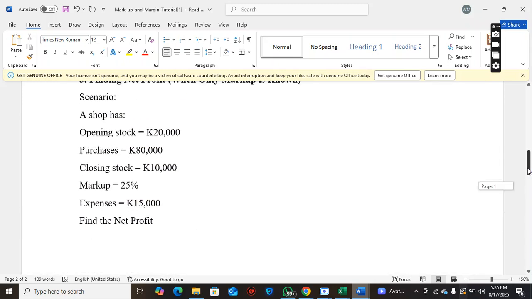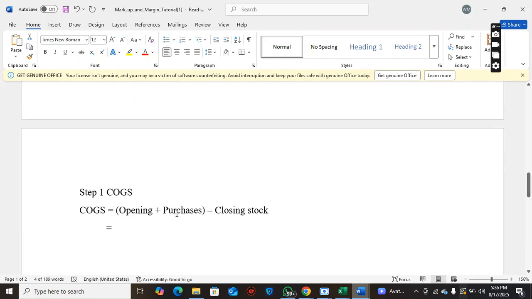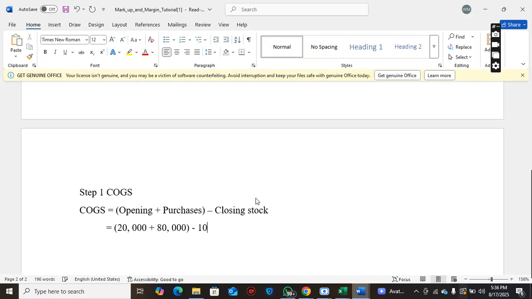So opening stock 20,000, purchases 80,000, minus closing stock 10,000. 20 plus 80, 100,000.